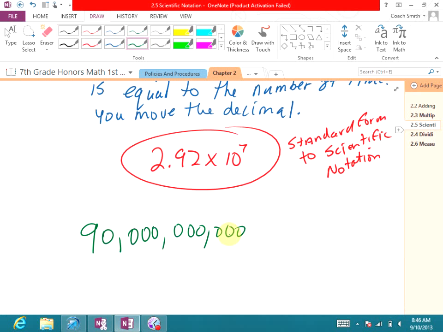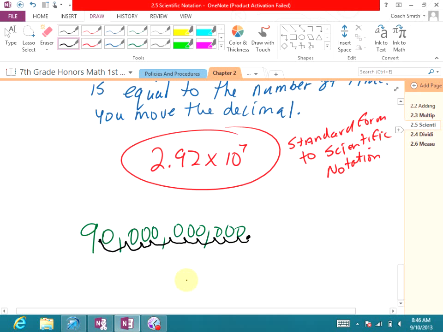There is no decimal in this problem, so I'm going to place one in the problem. So I'm going to place it right here, and now I'm going to move it once, twice, 3 times, 4 times, 5 times, 6 times, 7 times, 8 times, 9 times, 10 times. So I'm going to move it to right there.